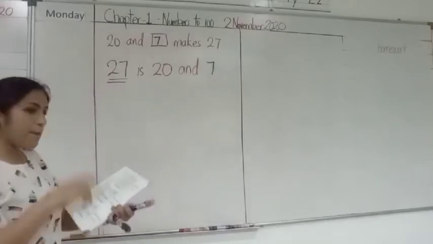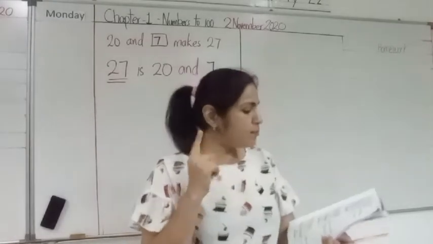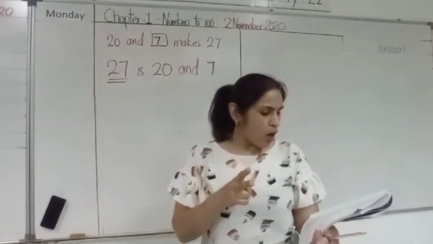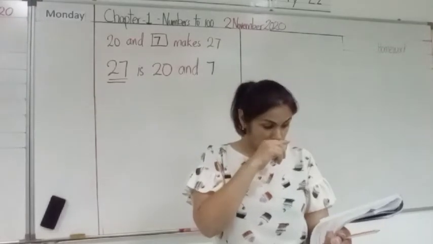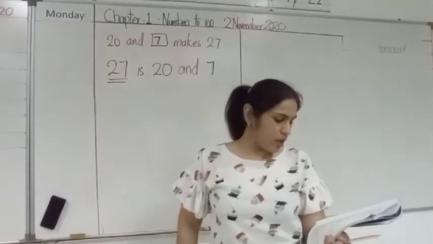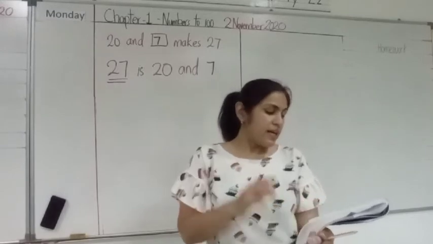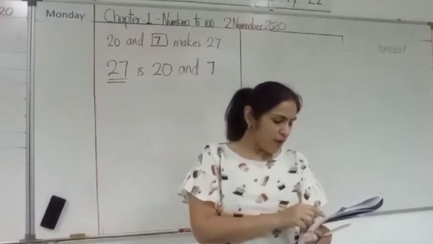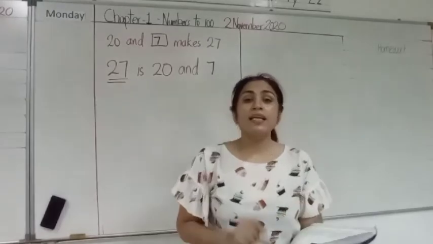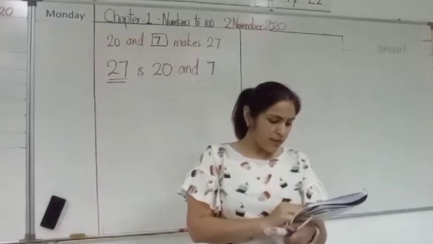Okay? Now look at number 2. You have 3 different colors: blue, yellow and pink buttons. These are buttons. What did they do? 1, 2, 3, 4, 5, 6, 7, 8, 9, 10. There are 10 yellow buttons. 1, 2, 3, 4, 5, 6, 7, 8, 9, 10. 10 pink buttons. 1, 2, 3, 4, 5, 6, 7, 8.